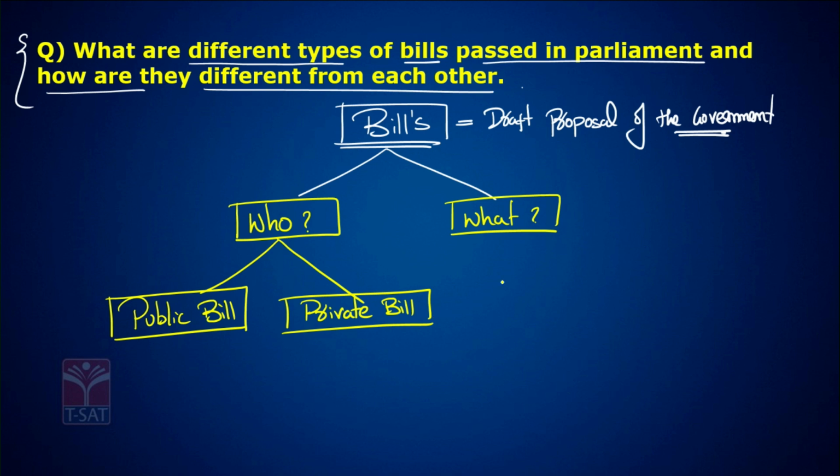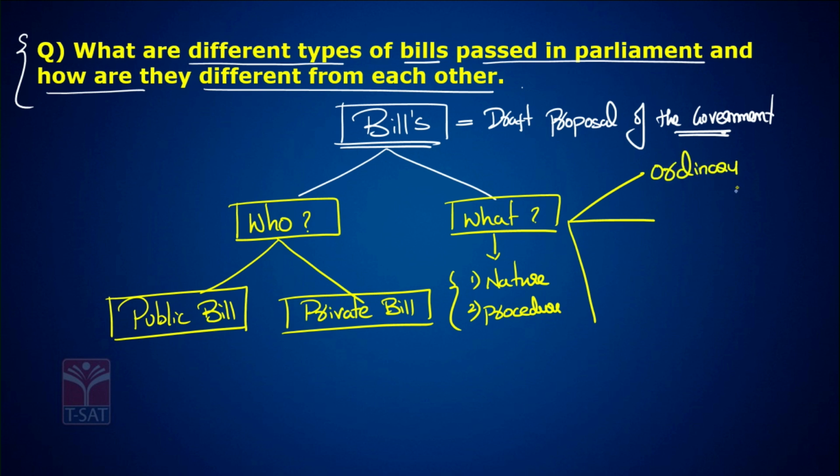Under what type of the bill? The bills are divided on the basis of two criteria. Criteria number 1, the nature of the bill and procedure to pass. On these two criteria, the bills are again divided into three types. What is the first one? Ordinary bill. The second one is financial bill.